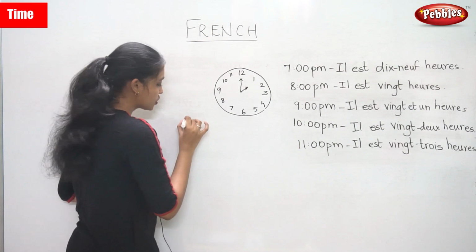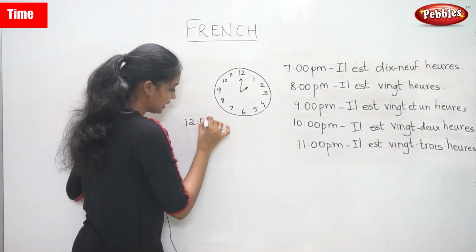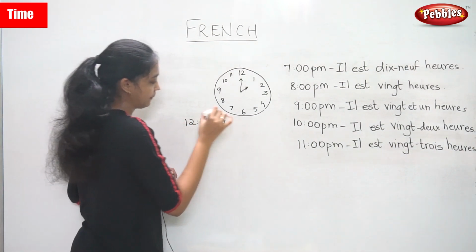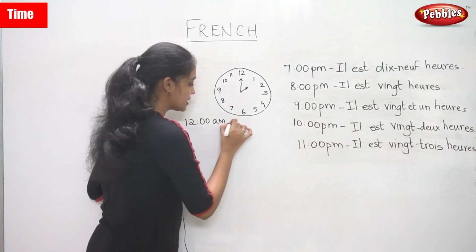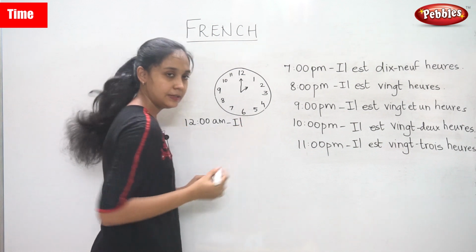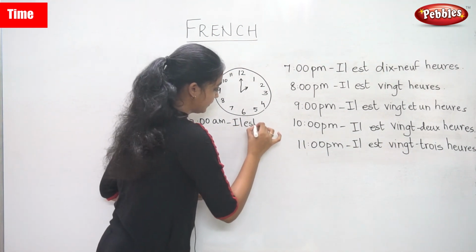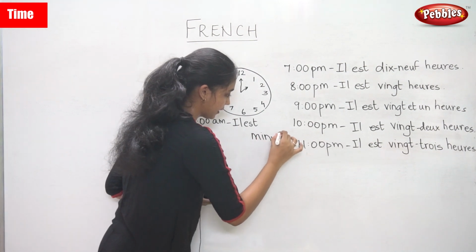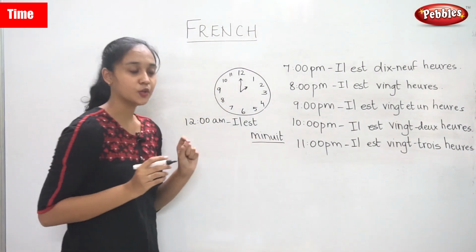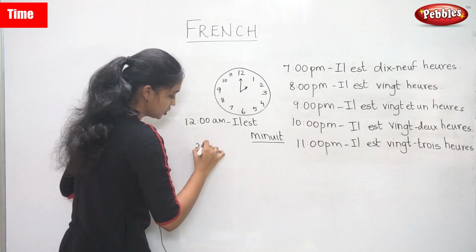Finally, when you want to say 12 a.m., that is midnight, you would say il est minuit. Il est minuit.